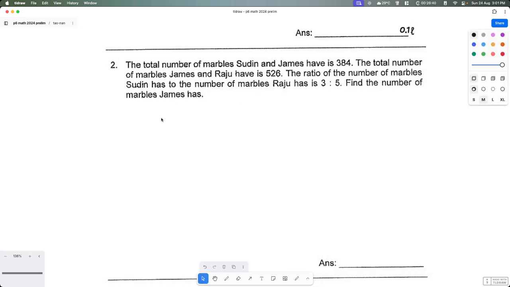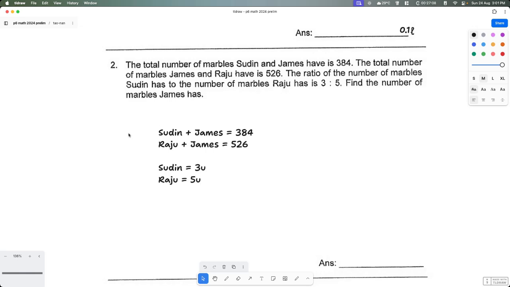So what we know is that Sudin plus James is equal to 384, and Raju plus James is equal to 526. We also know that Sudin is 3 units and Raju has 5 units.